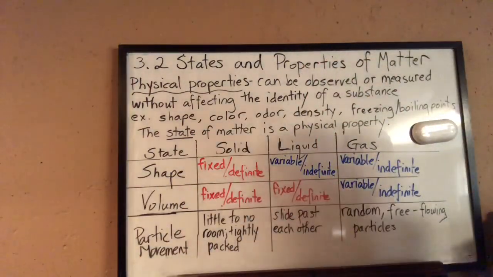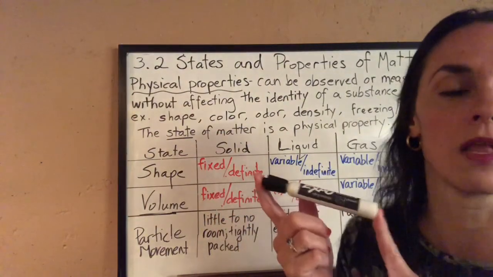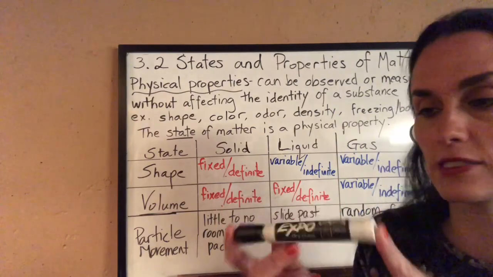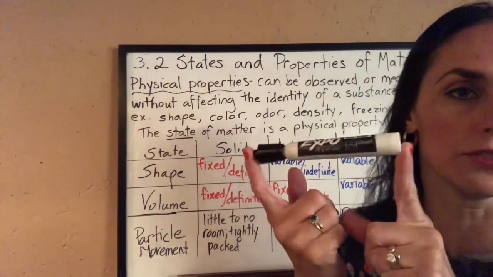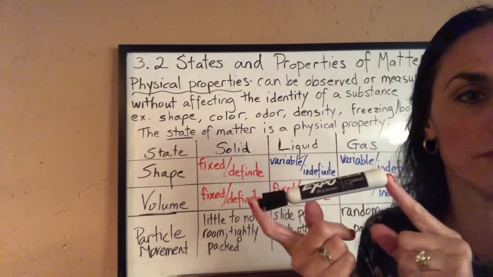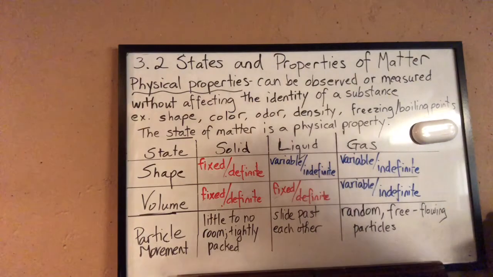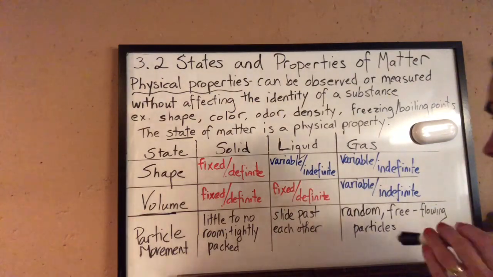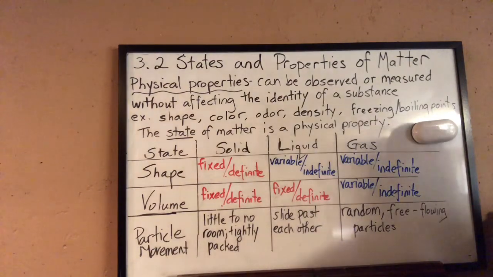The volume is also fixed or definite. It's roughly cylindrical, but it does have an irregular shape, so we could use the displacement method to get the volume, as mentioned in the previous chapter. But it has a fixed or definite volume. It doesn't change. Well, why do solids have a fixed shape and a fixed volume?